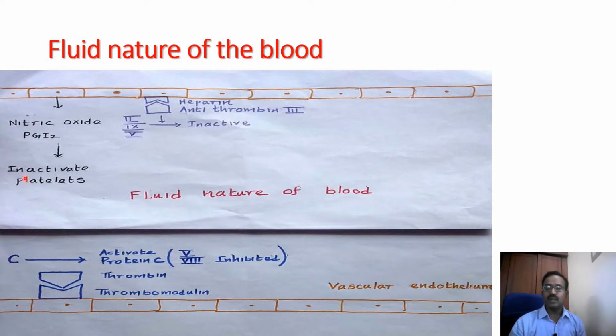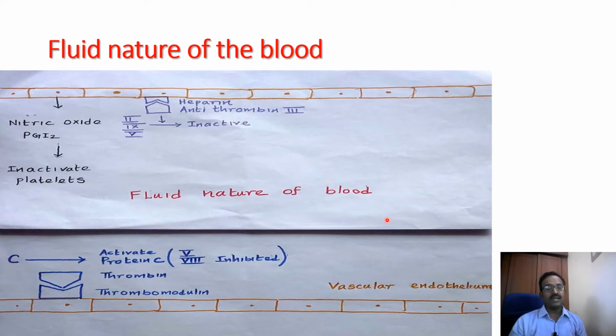This is one mechanism that maintains the fluid nature of the blood. Another mechanism is heparin sulfate, the natural anticoagulant located on the luminal surface. It binds with antithrombin 3. Antithrombin 3 inactivates the coagulation factors 2, 9 and 5. So this mechanism also helps to maintain the fluid nature of the blood.